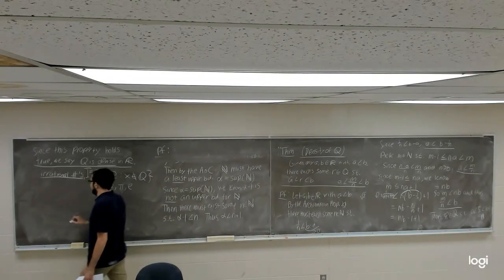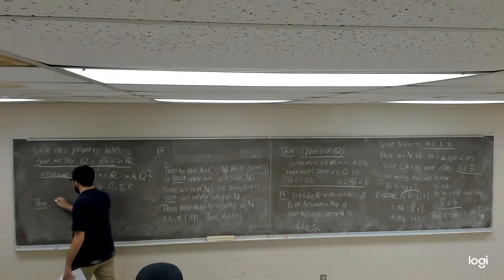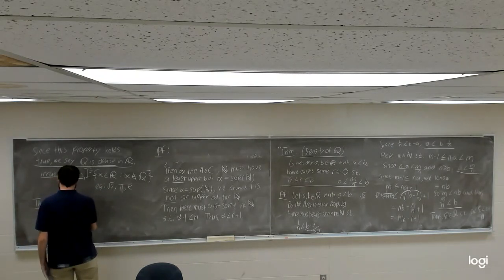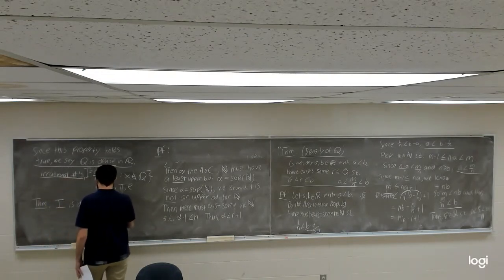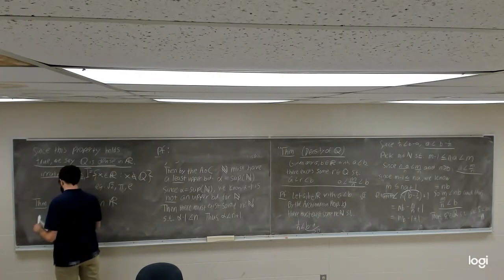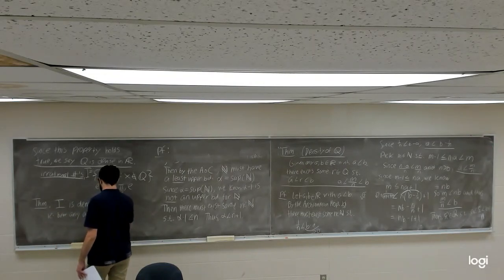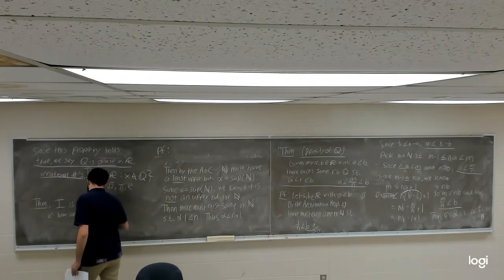And I'm going to write this down as a theorem and say that the irrational numbers I is dense in the set of all real numbers. Let me rewrite that a little bit.